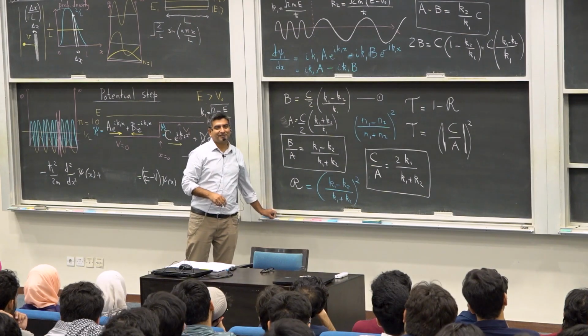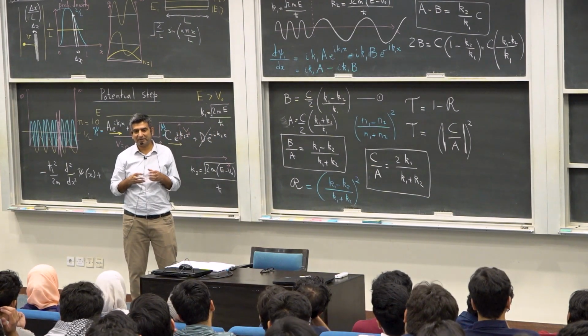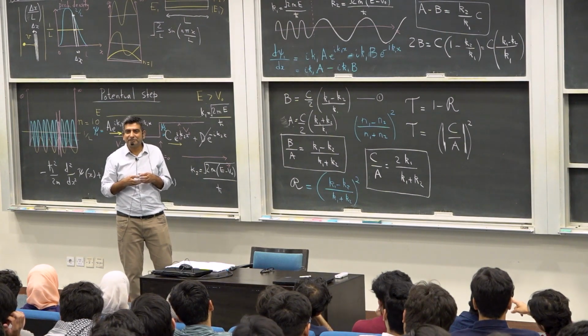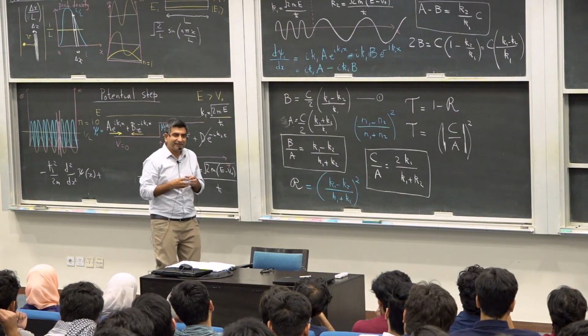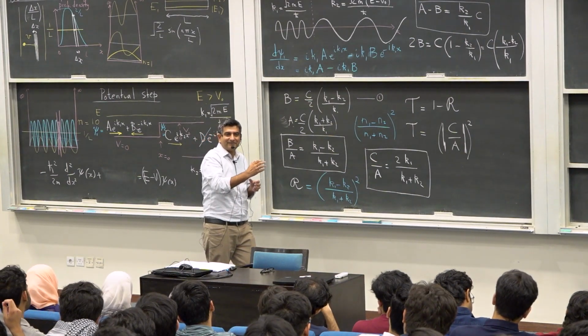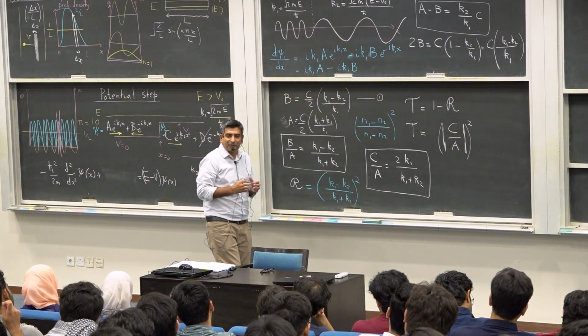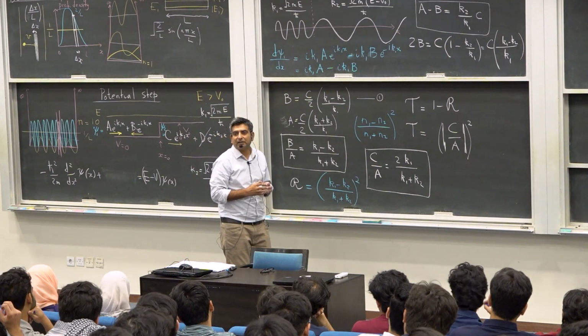Well, imagine an electron is a charged particle. Let me give you a hint. An electron is a charged particle. Suppose it encounters this potential discontinuity. Now, when a charge moves, what is it called? Current.